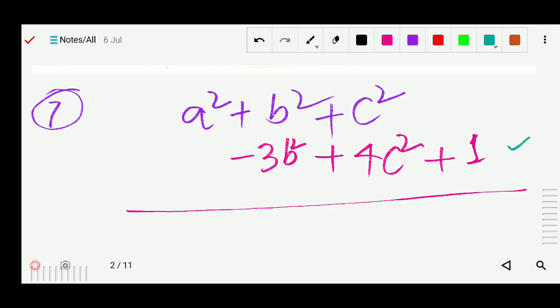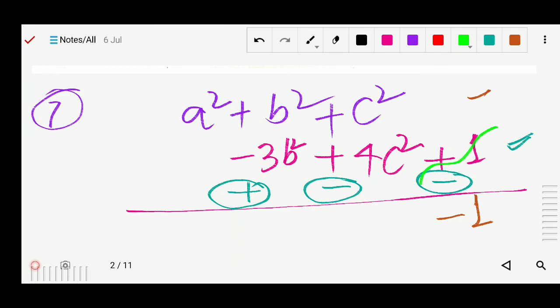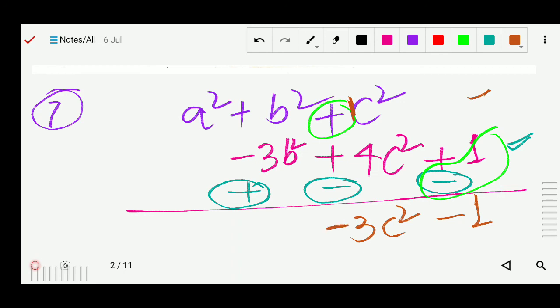Now this is our subtrahend part, so we change the signs. This minus became plus, this plus became minus, this minus became plus, and here there is no need to change because no other terms are there. Okay, now next, here there is nothing to subtract, so I write the same, minus 1, because this term is minus 1 now. Now here you can see plus minus minus: 4 minus 1, it is 3, so write 3c square, and 4 is the greatest number, so the minus sign will be used.